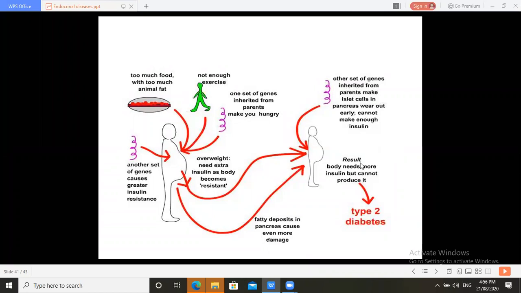So the body needs more insulin but cannot produce it, which gives rise to type 2 diabetes mellitus.